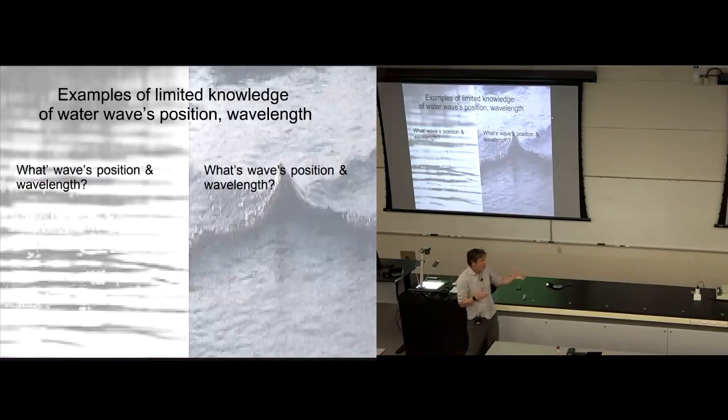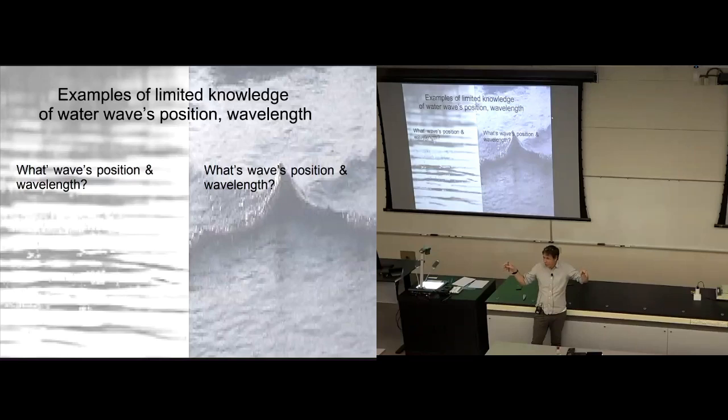So this is a second illustration that if you define the wavelength of a wave precisely, that's over here, you don't know its position very well. If you define the position of a wave precisely, you don't know its wavelength very well. These two things are like a seesaw. Imagine a seesaw. The wavelength of the wave is on one end of the seesaw, and the location of the wave is on the other end.